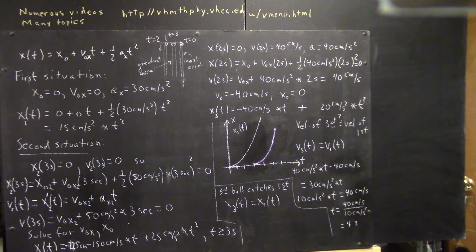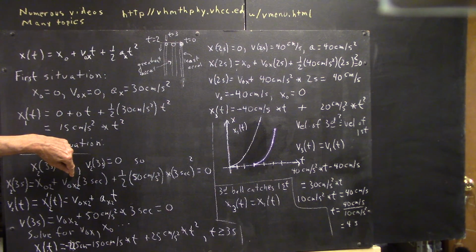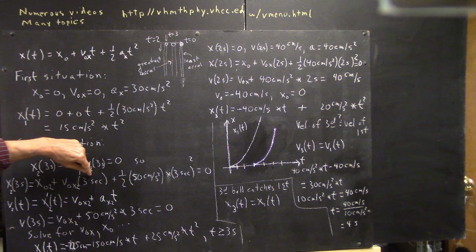And we need to know what x02 is. Well, we've now determined v02, so we can put that in here. That's negative 150 centimeters per second. Multiply that by 3 seconds, we get negative 450 centimeters. I'm sorry, centimeters.